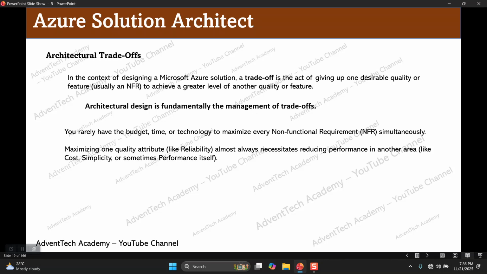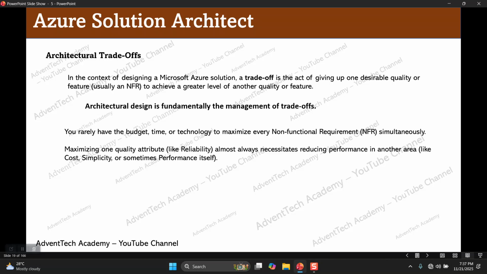Let us look into the architectural trade-off. In the context of designing an Azure solution, a trade-off is the act of giving up one desirable quality or feature to achieve a greater level of another. Architectural design is fundamentally the management of trade-offs.